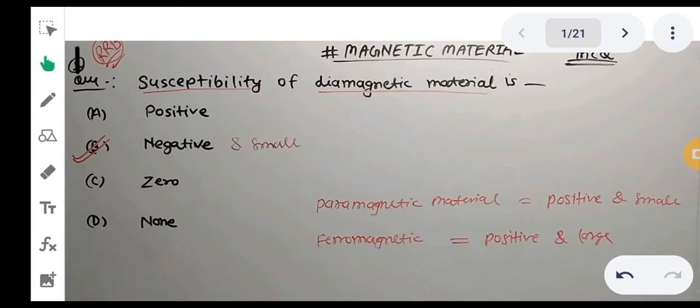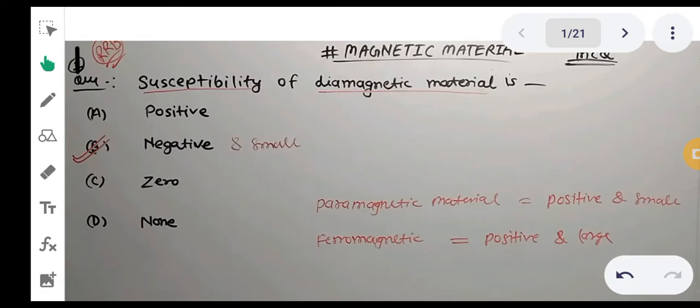You know that a paramagnetic material is positive and small, and a ferromagnetic material is also positive and large. So para is positive and small, ferro is positive and large. Therefore, the diamagnetic material will definitely be negative and small. So this is the answer.